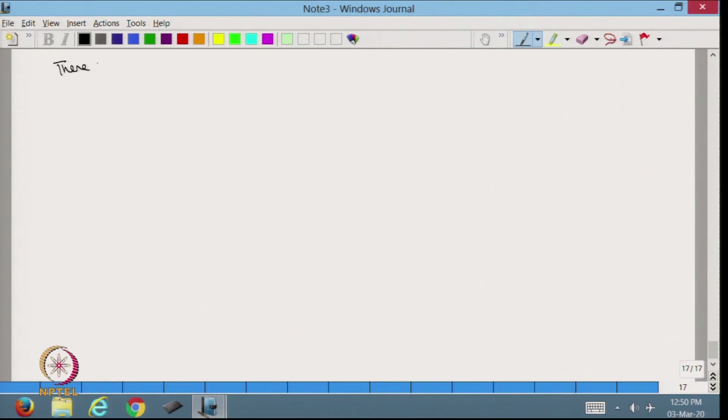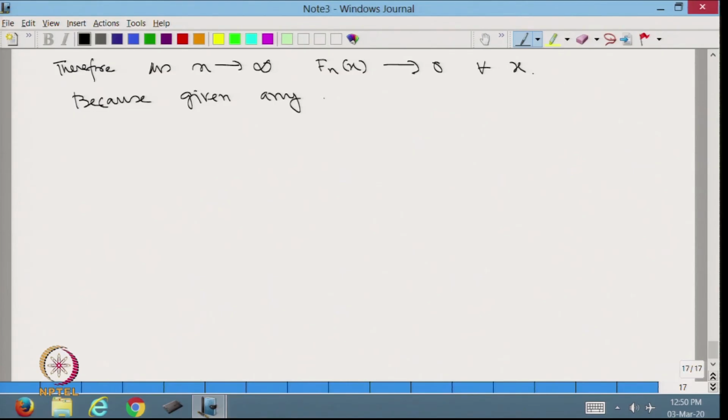Therefore, as n goes to infinity, F_n(x) goes to 0 for all x, because given any x belonging to R, there exists N such that N is bigger than x. Therefore, for all n greater than or equal to N, F_n(x) is equal to 0.